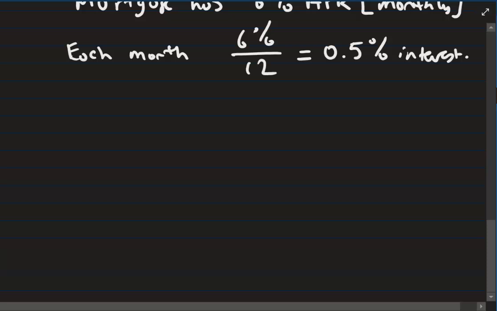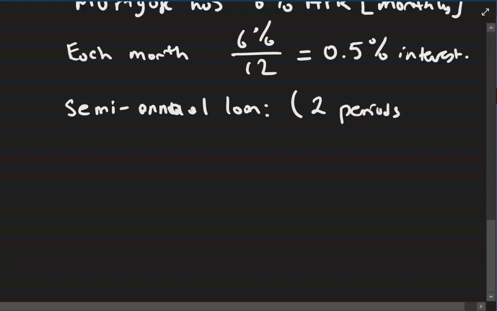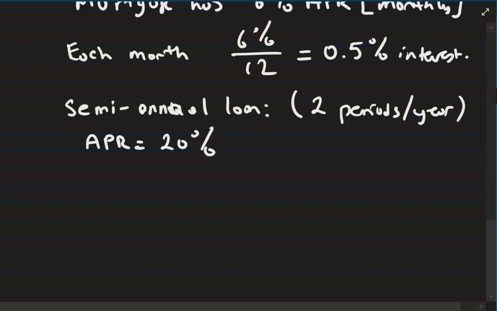Let's use an example. Let's say you have a semi-annual loan, which means 2 periods a year. That's what semi-annual means. You make 2 payments a year, and APR is 20%. Does that mean that you are going to pay 20% interest in 1 year?